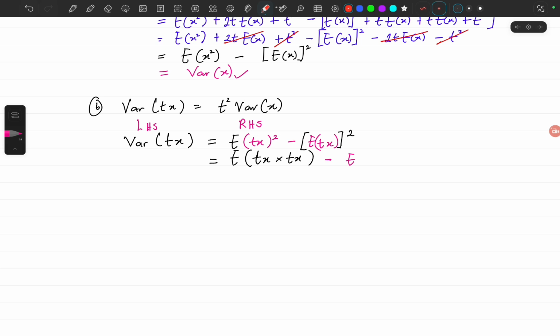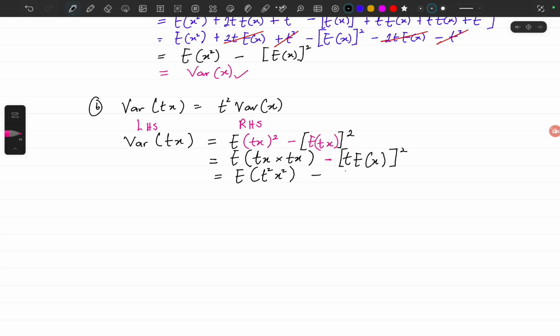If you simplify that part out, what you will get is the t outside, the expected value, and then the x. You get that? And it's still going to all be in square. So what you get here is going to be t square x square, and then that will give you minus.